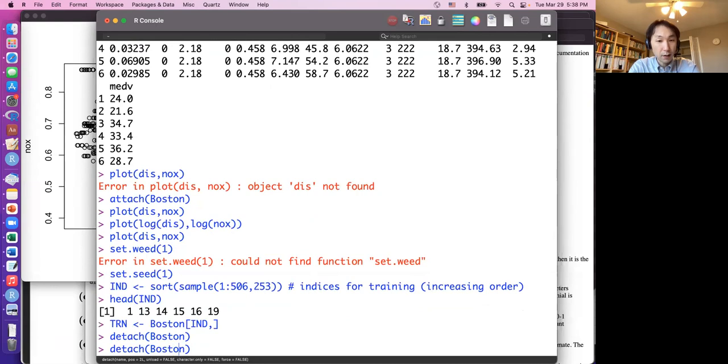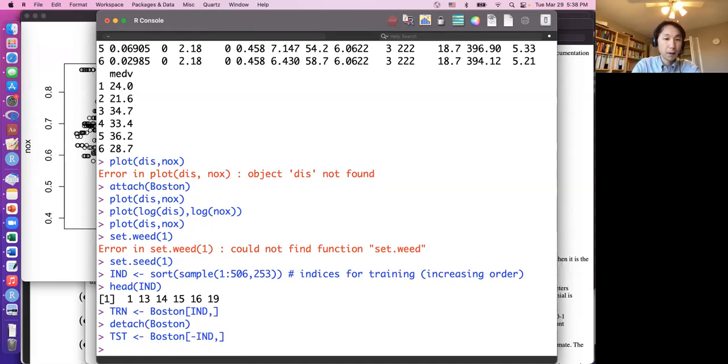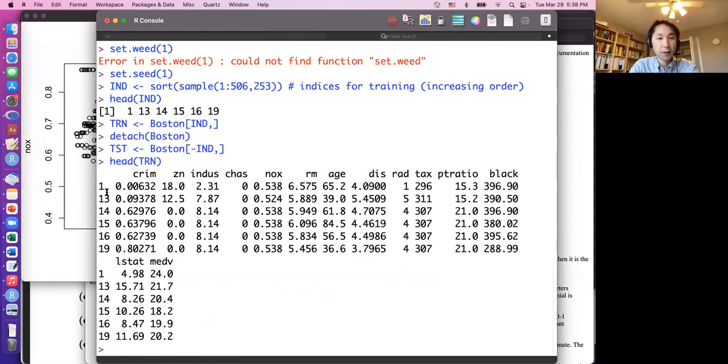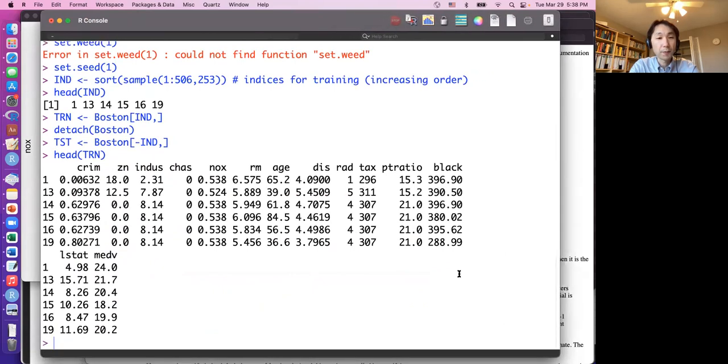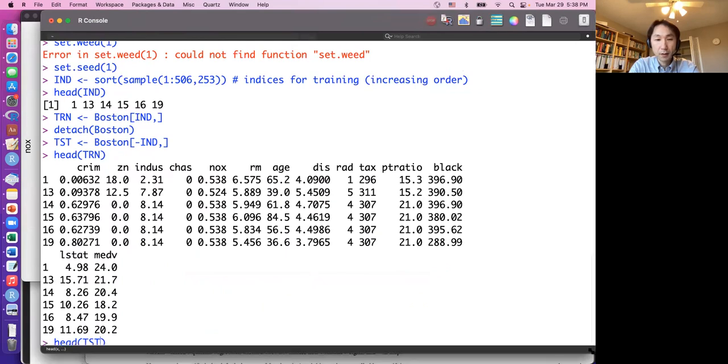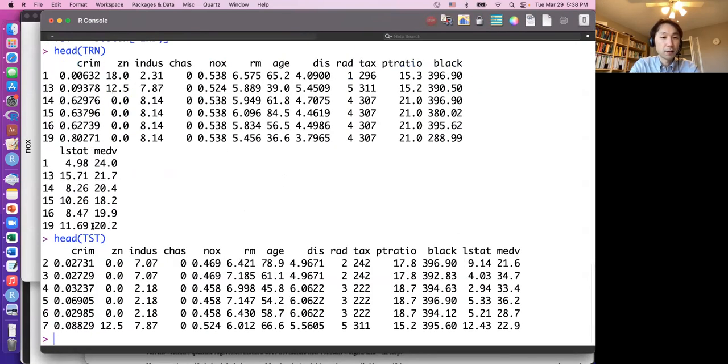And then for the test set, use minus IND, then it's the complement. You can see the training set is the first line, 13th line, 14th line, 15th line, 16th line, 19th line, and so on. And the test set, you can see the 2, 3, 4, 5, 6, 7, and so on.